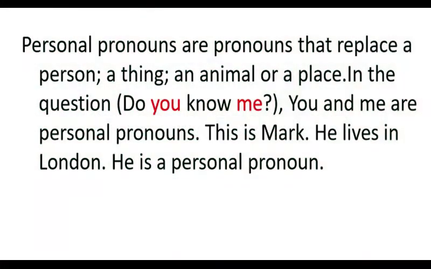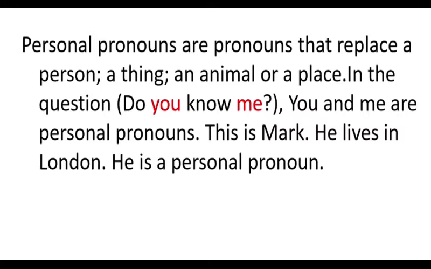Personal pronouns are pronouns that replace a person, a thing, an animal, or a place. In a question, "Do you know me?" You and me are personal pronouns.